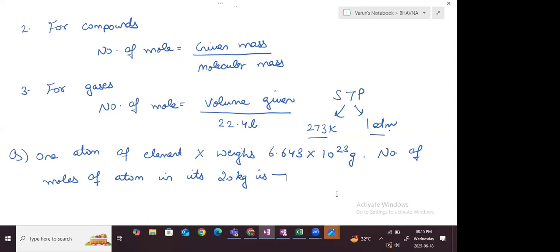Now if I know the mass of 1 mole, then how many moles will be there in 20 kg? This we have to find out in this question. Ma'am, can you solve it for me once? Yes, I will solve, but first you will try. At least give it a single try.